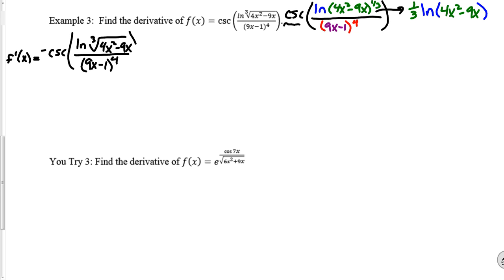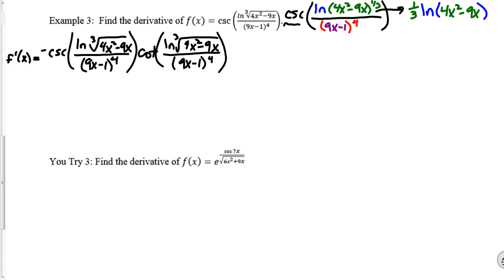And it's the cosecant of that whole thing times the cotangent of that whole thing. That thing you can't read there, that's a 4. Okay, so right now I've done the derivative of the outside, which is negative cosecant of the same thing times the cotangent of the same thing.